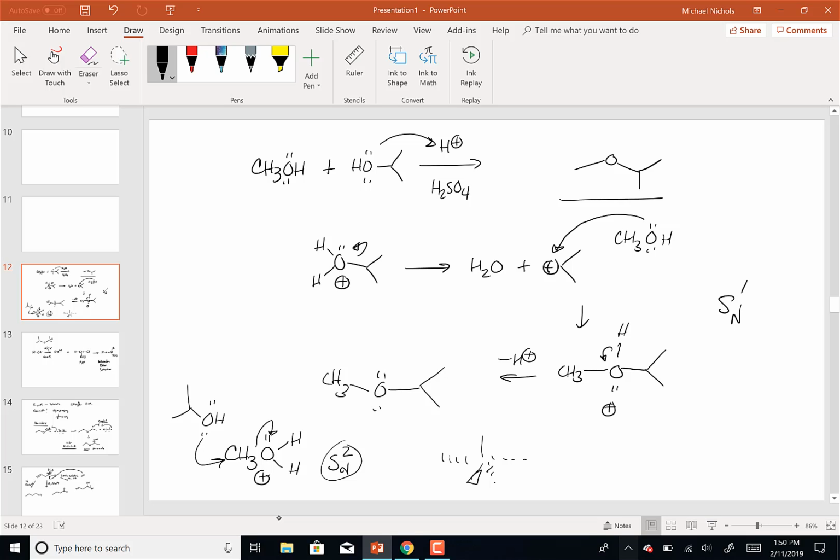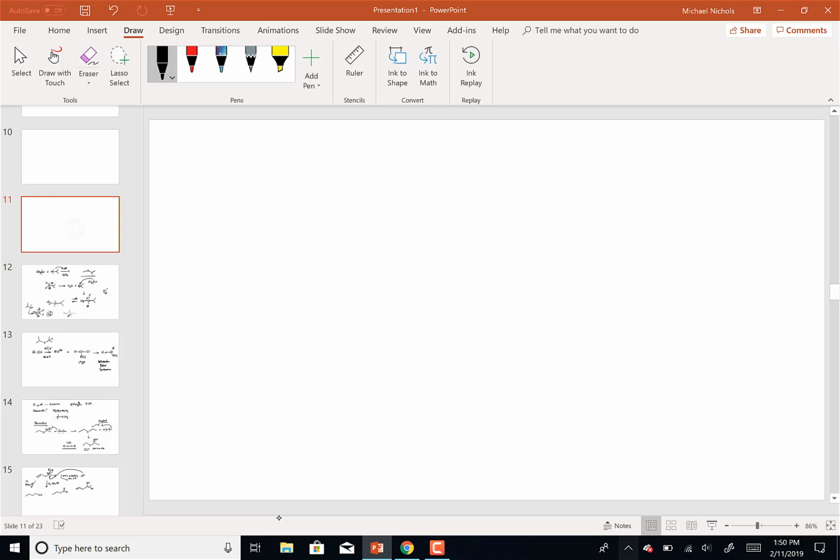Then the second mechanism would be, imagine that I took methyl isopropyl ether, and I add now two equivalents of HCl to it. And those two equivalents of HCl are going to make methyl chloride and isopropyl chloride, and there's going to be a water molecule in this process.